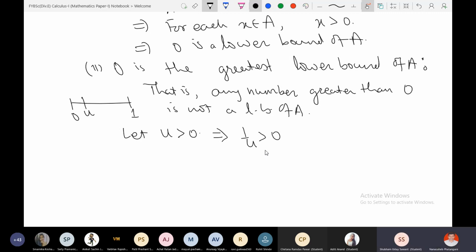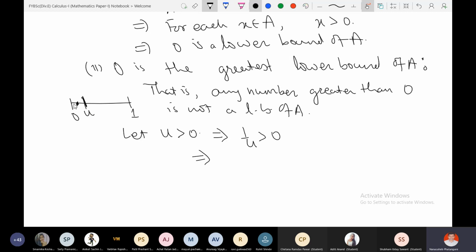Right. Then, what is our aim? If I choose some number u greater than 0, then I want to prove that this is not a lower bound.